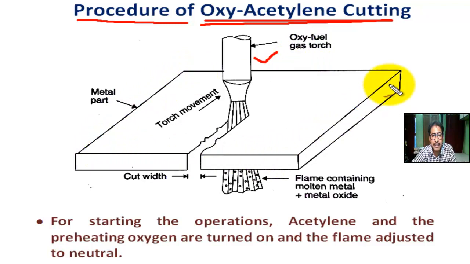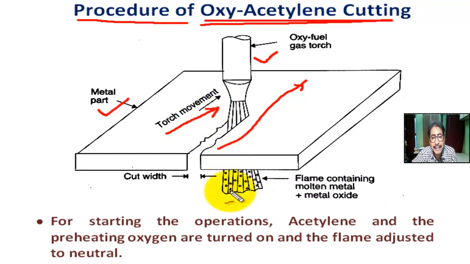This is the metal or workpiece to be cut. This is the cutting line. This is the torch movement. Here, this is the flame. This is the flame containing molten metal plus metal oxide, iron oxide. This is the width of the cut.